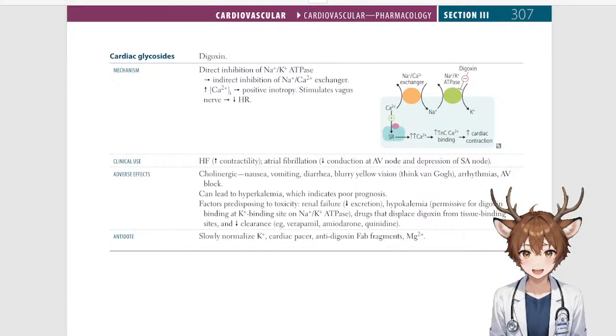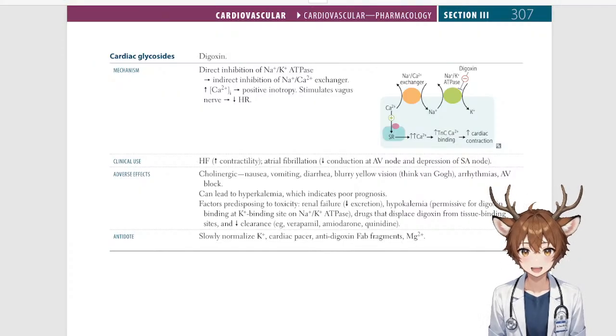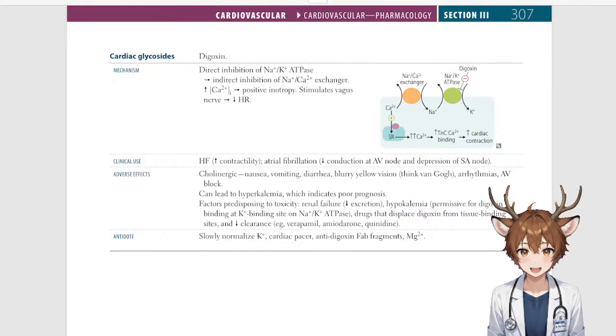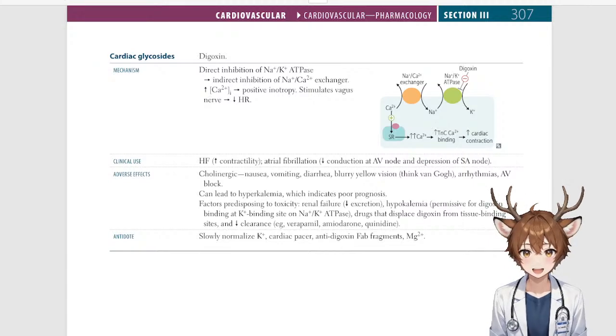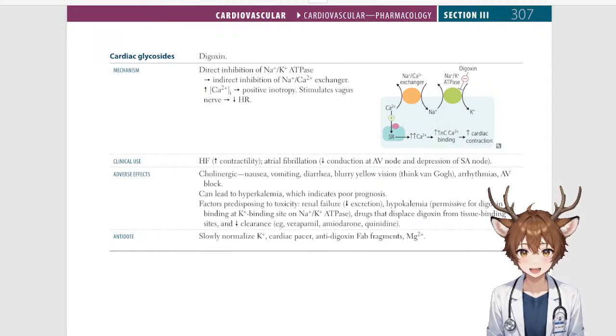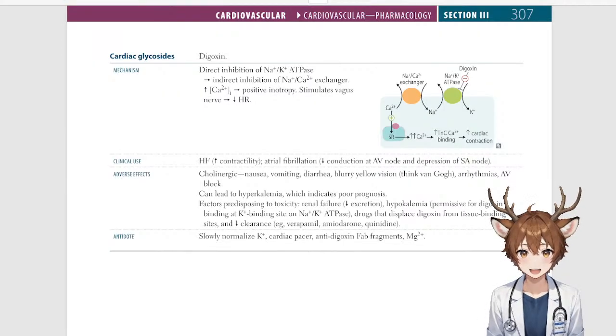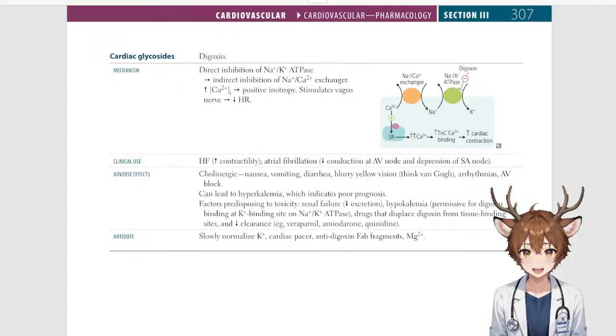Slowly normalized potassium, cardiac pacer, anti-digoxin Fab fragments, and magnesium. Okay. And magnesium, if I'm not mistaken, is another one of these atypical antiarrhythmics. That's a class 5 antiarrhythmic, I think, magnesium, because it doesn't really neatly fit into classes 1 through 4. Along with digoxin. Digoxin is also a class 5. It's an atypical antiarrhythmic.